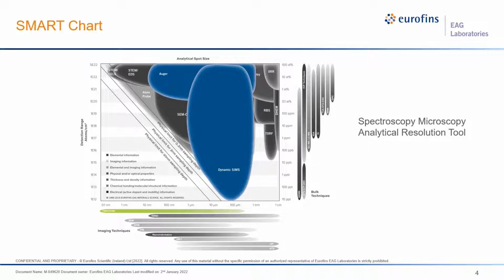In other words, it can quantify elements at parts per trillion to atom percent level, provided that the analysis is set up properly. In parallel to that, just like we do all of this every day at EAG, we're going to look at complementary techniques to really make sense of the SIMS data we're getting, using Auger electron spectroscopy and also scanning transmission electron microscopy.